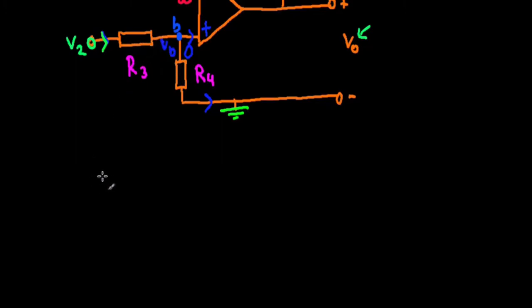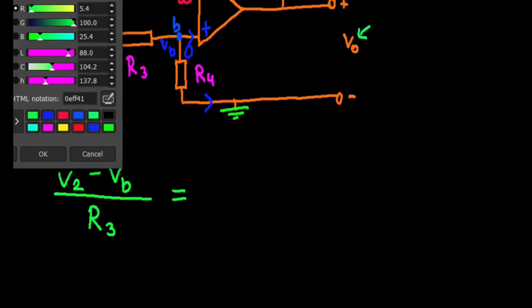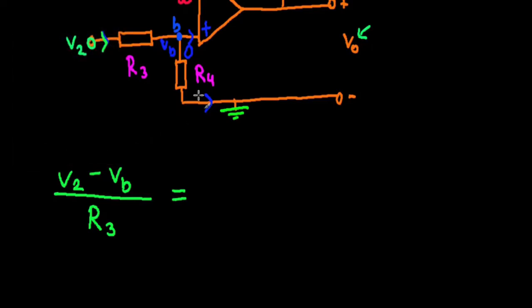So the current entering is V2 minus V sub B, divided by R3. This is going to be equal to the current exiting, and that's V sub B minus 0, because this whole node right here is the ground, so that's why this is 0, divided by R sub 4.